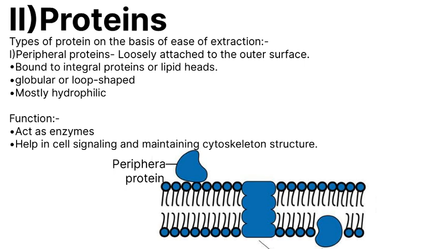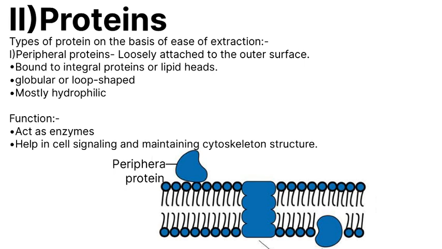First we will talk about the peripheral and extrinsic proteins. The name itself says that peripheral means they are on the periphery of the cell membrane, and extrinsic means they are on the outer side of the cell membrane. As they are loosely attached to the outer surface of the cell membrane, they can be easily extracted as well. If you see, they are bound to the integral proteins, or the polar heads of the phospholipids.